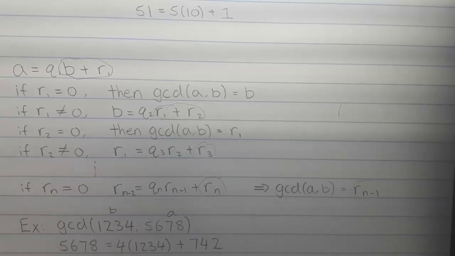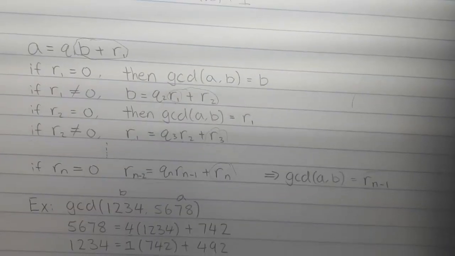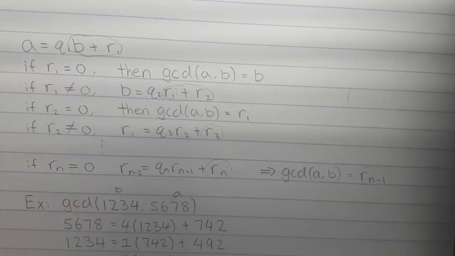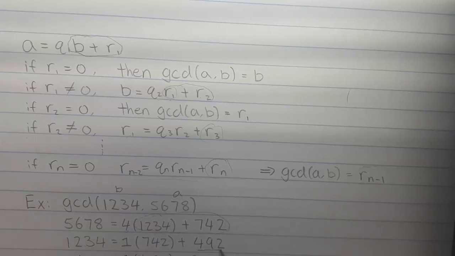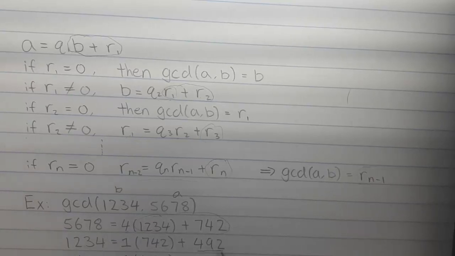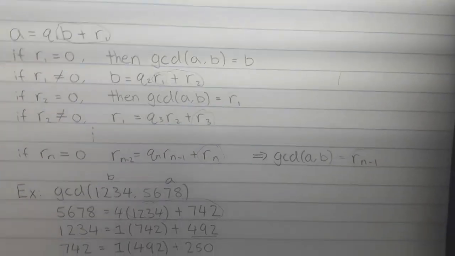And now since R1 is not equal to 0, we apply the same formula again. We get this equation because we apply the division algorithm to 1234 and 742. And the new remainder will become 492. The new remainder is not 0, so we keep on applying the same pattern.